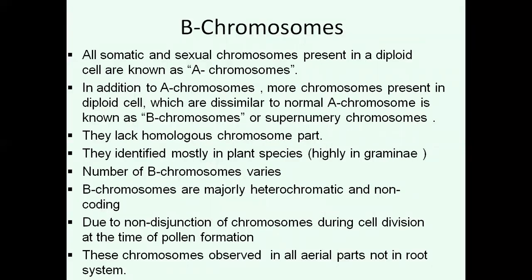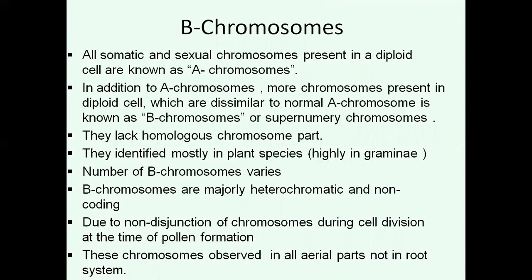Next, the third type of chromosomes, B chromosomes. All somatic and sexual chromosomes present in a diploid cell are known as A chromosomes or primary chromosomes.